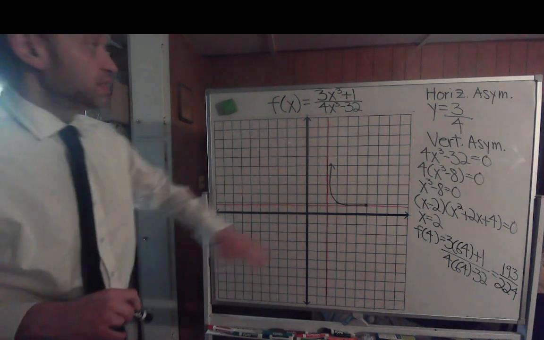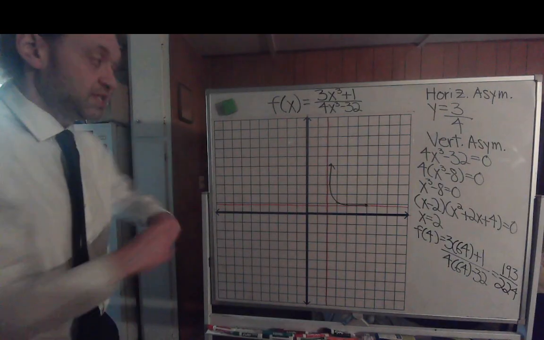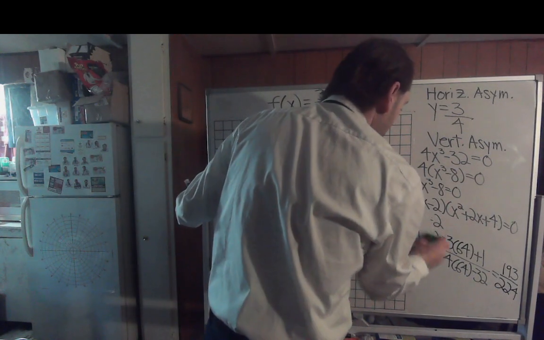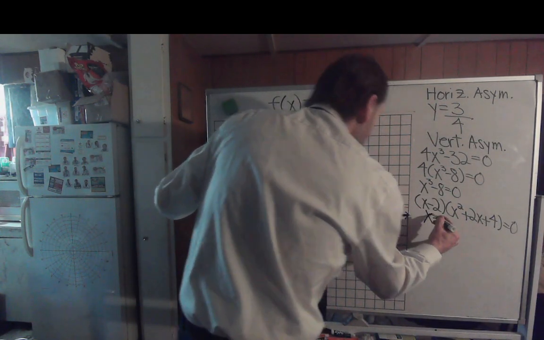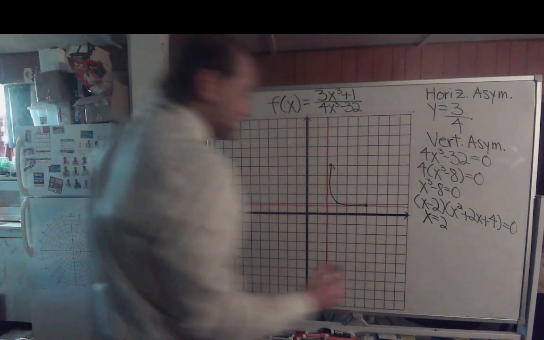Now let's go to the left of x equals 2. Let's start picking values to the left of it here. Whoops, I did not mean to erase that vertical asymptote. Hold on a minute here. Why don't we pick x equals 1? Let's pick f of 1. F of 1, well, that would literally give you 3 plus 1 over 4 minus 32, which would give you 4 over negative 28, which would be negative 1/7.